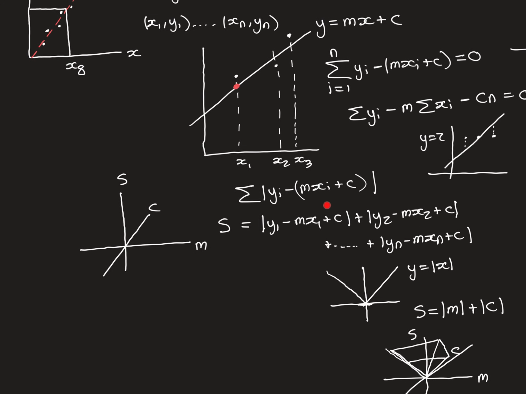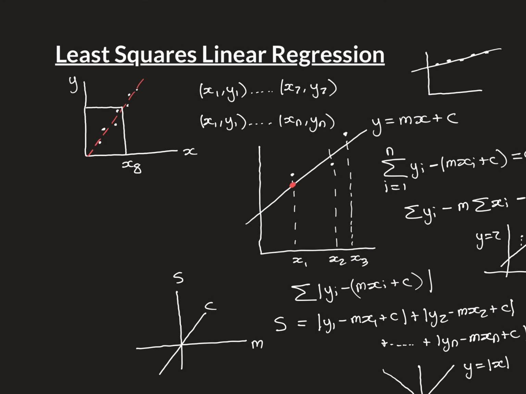What we are going to do instead is the next thing up, which is the idea of least squares best fit. And the brilliance of this is suddenly finding the minimum becomes easy using calculus, because we're not dealing with absolute value functions.